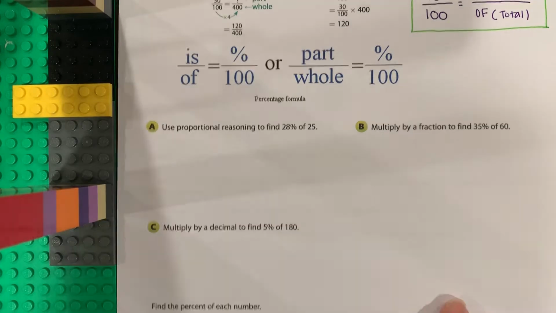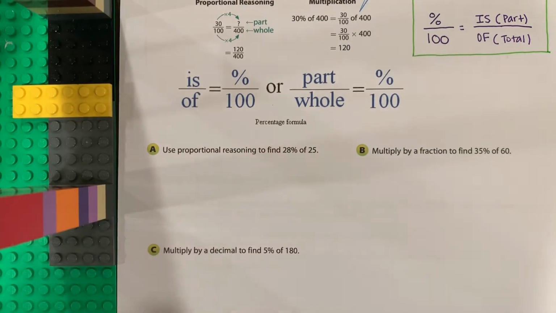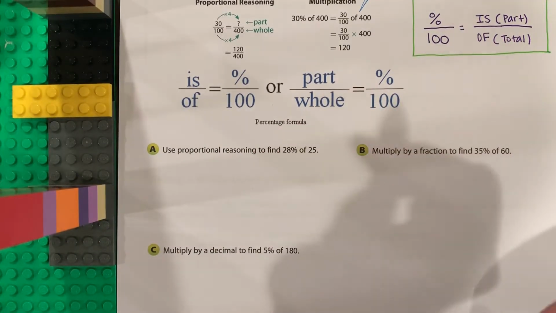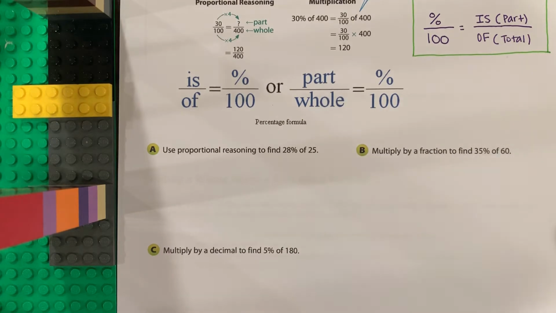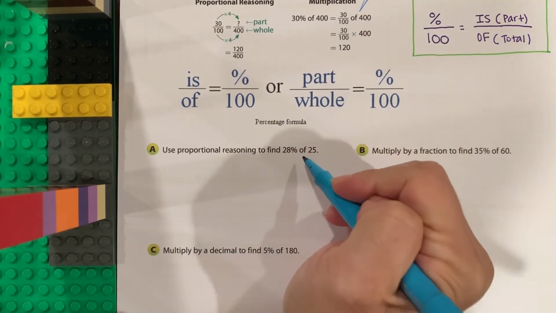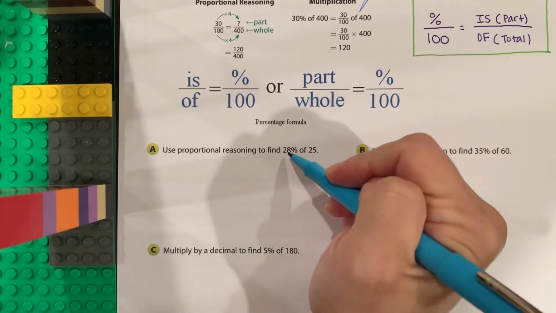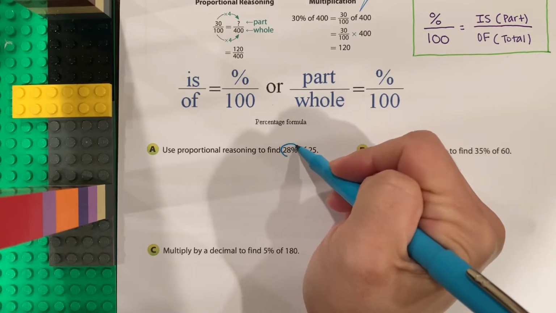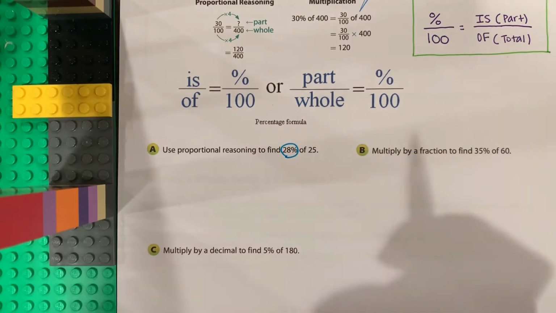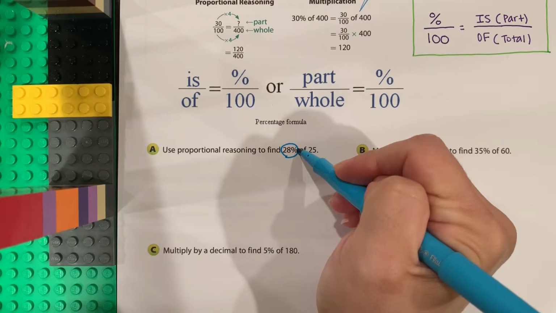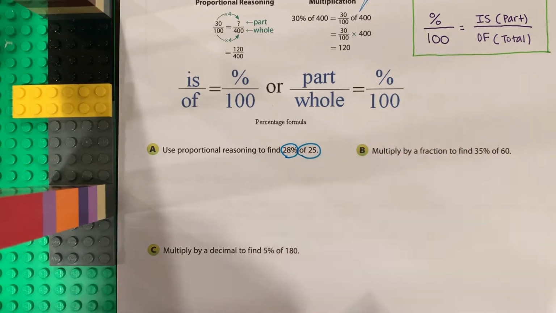We'll start with this one first. When I solve percent problems, I always like to circle the key information. It says find 28% of 25. I'm going to circle 28%, always circle the percent by itself, and then I'm also going to circle of 25.